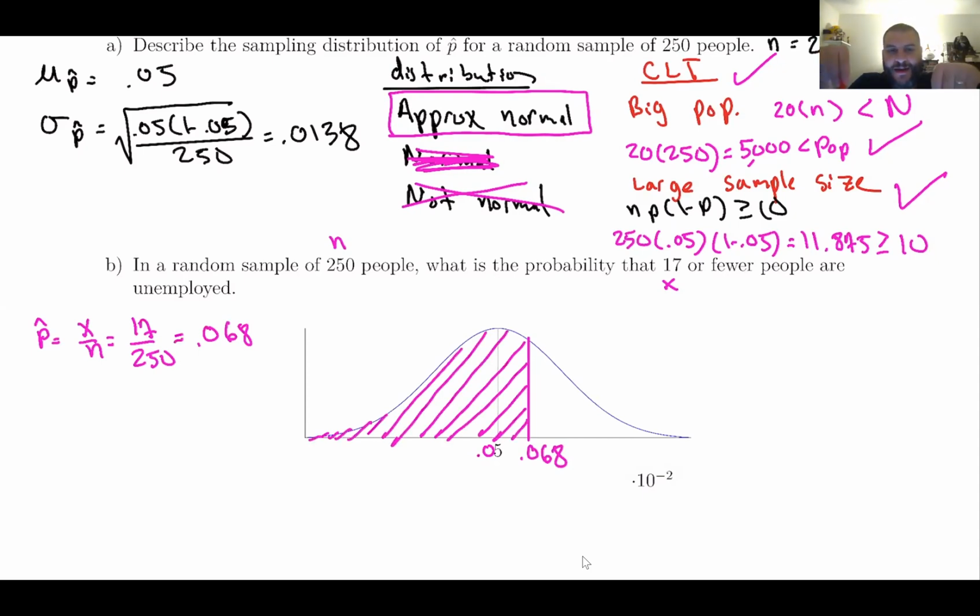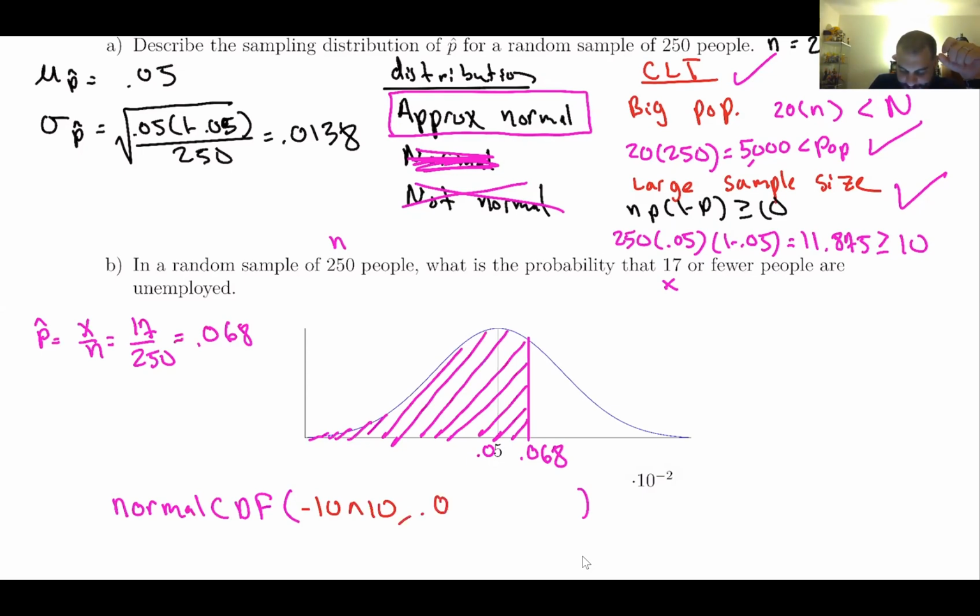All right, let's go ahead and do this. I'm assuming you just want to jump right into normal CDF to find the answer. So let's do normal CDF. For this one, what's my lower bound? Negative 10 to the 10 power. What's my upper bound?